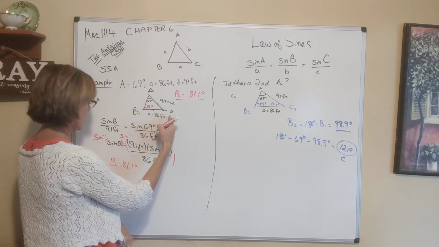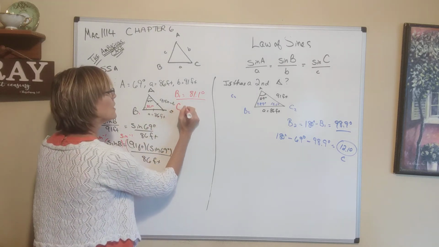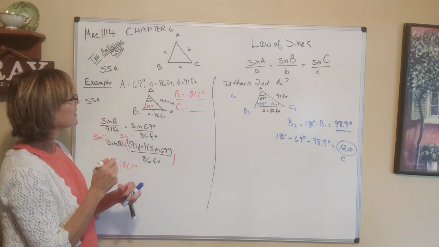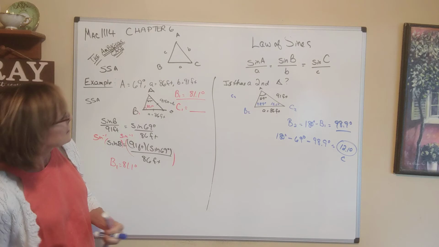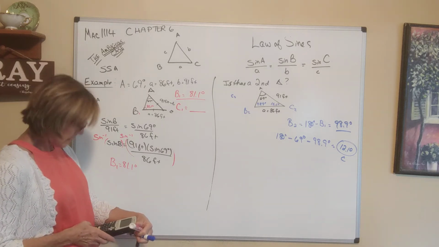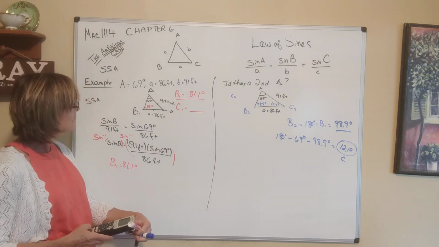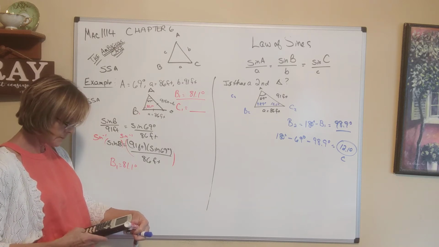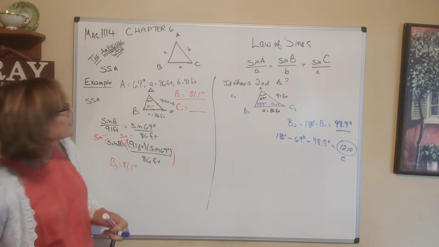We need to find out what C1 is. We'll take 180 degrees and subtract 69 and 81.1 to find that. 180 minus 69 minus 81.1 is 29.9. That's what this one would be.